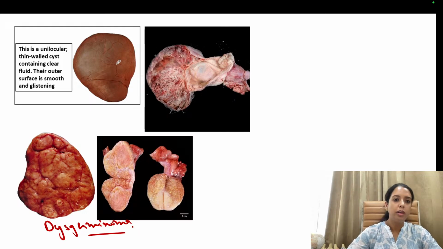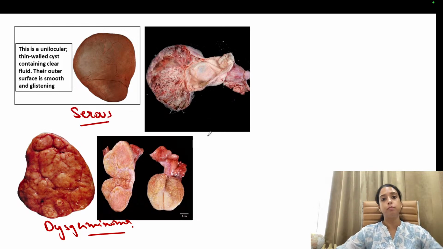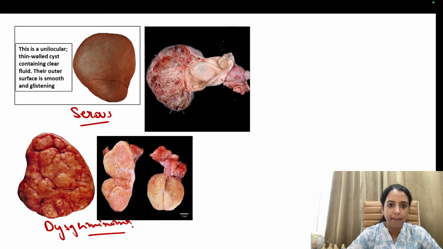Okay. Unilocular cystic, very smooth shining surface, serous. You can be asked about these images. Huge tumor filling the whole abdominal cavity, with multiple cavities and loculi: mucinous. The tumor marker for serous is mainly CA125.